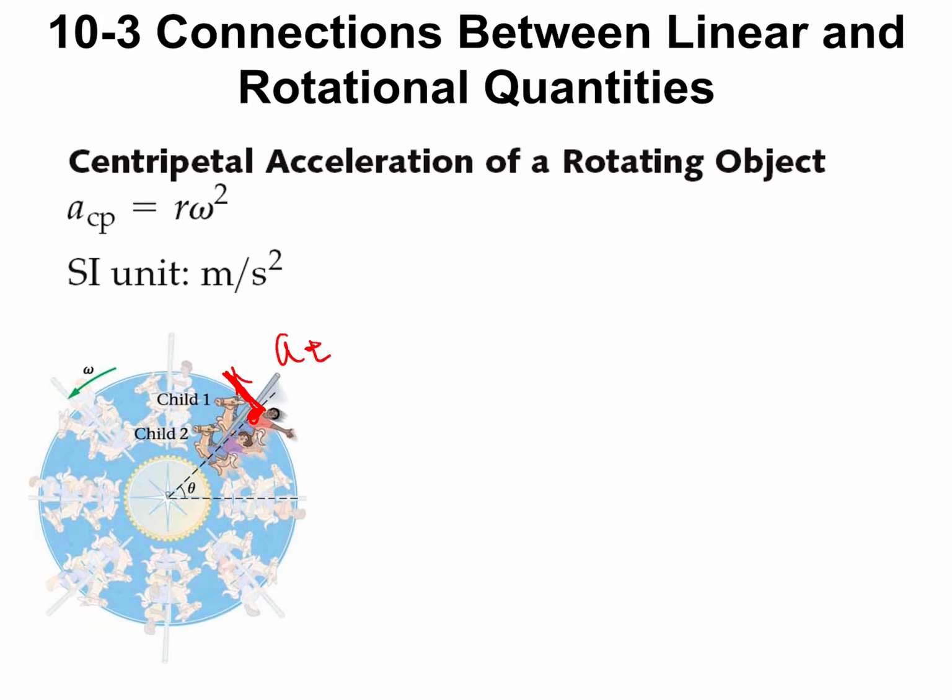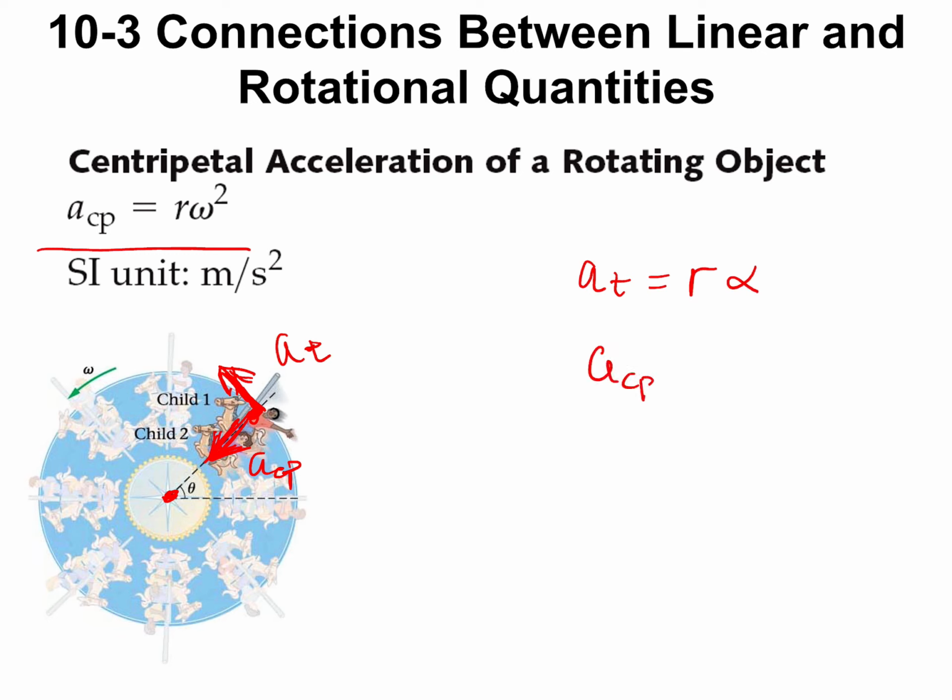Other than that, we already learned in circular motion, you have ACP, centripetal acceleration. As long as you're doing a circular motion, you always have centripetal acceleration. Centripetal acceleration always points to the center of the circle. Other than that, you also have tangential acceleration, equal to R alpha.